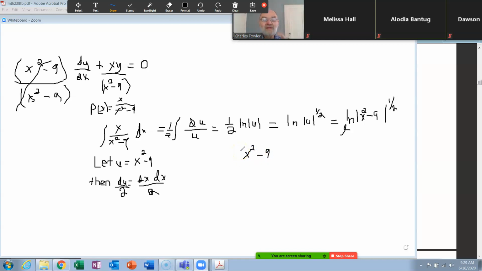Okay, let's do a timeout. I'm tired of writing absolute value bars. What would guarantee that this stays positive? What values of x guarantee this stays positive?